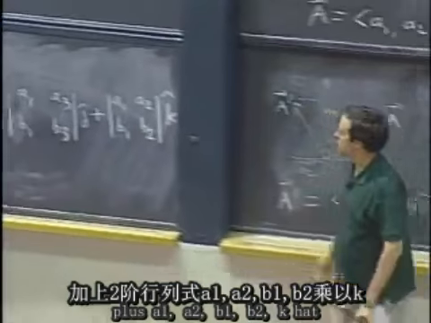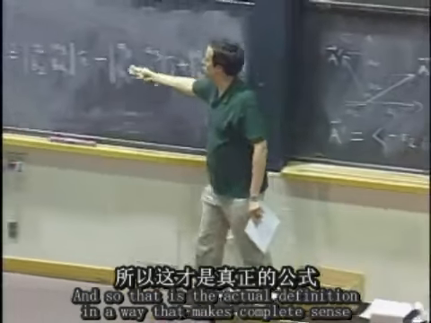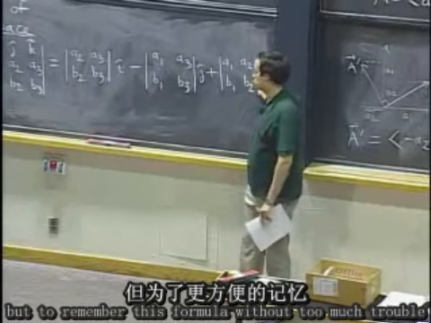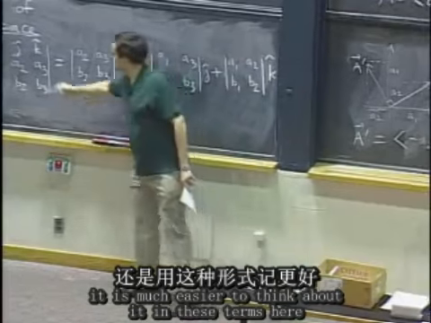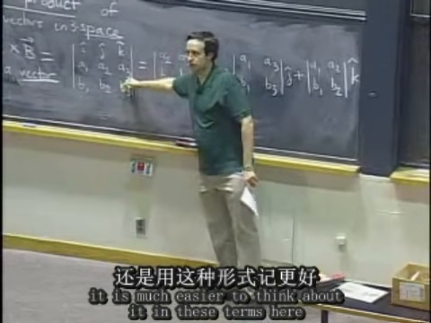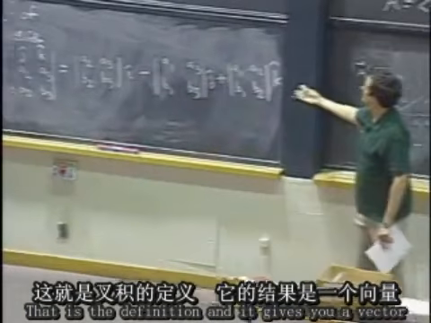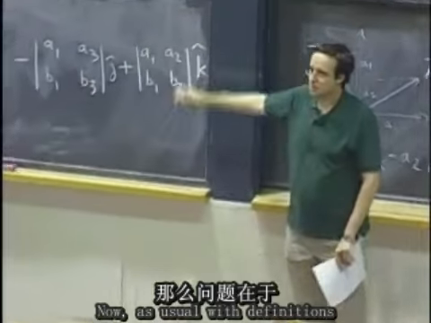And so that's the actual definition in a way that makes complete sense. But to remember this formula without too much trouble, it's much easier to think about it in these terms here. So that's the definition, and it gives you a vector.